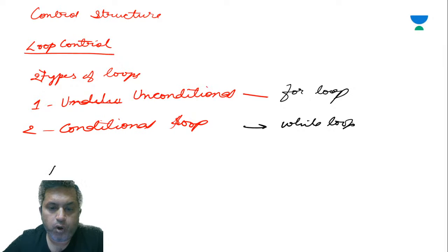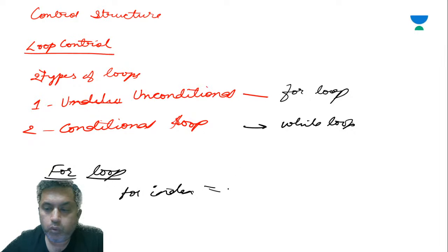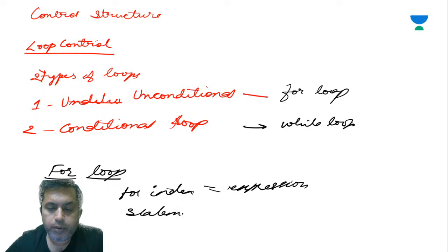For example, for loop, the syntax is for index equal to expression, statement one.